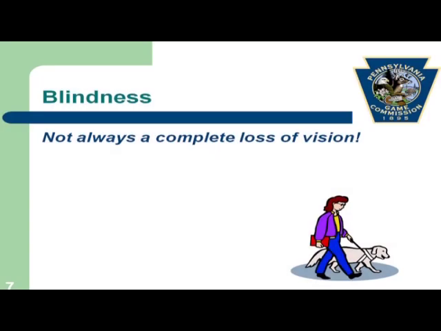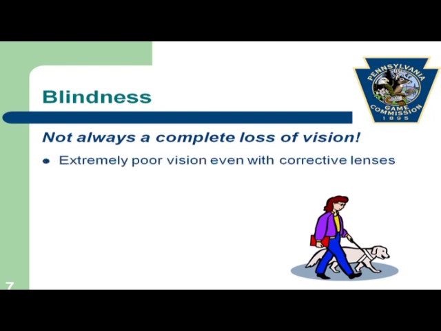Blindness is not always a complete loss of vision. It is extremely poor vision even with corrective lenses. Legally, it is worse than 20/200 vision with corrective lenses.